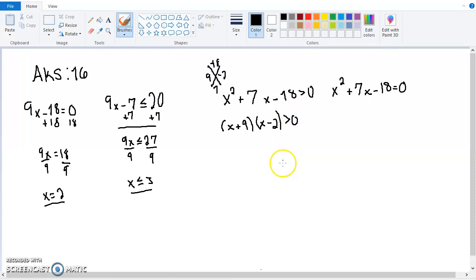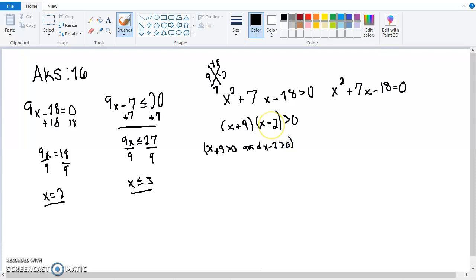Okay, so now what you want to do is write them both out two different ways, since you have two different factors. So it's going to be x plus 9 greater than 0 and x minus 2 greater than 0.